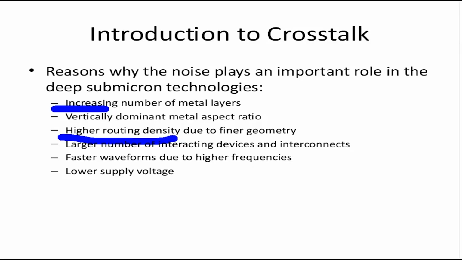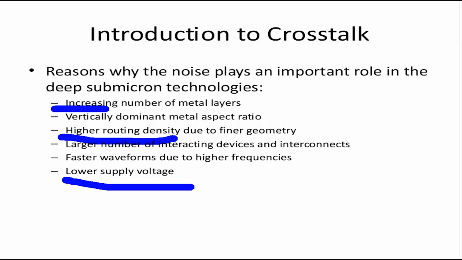One more effect is that there are lower supply voltages. Lower supply voltages mean the noise effect is greater. Let's say 0.1 volt of noise on a supply voltage of 1.2 will not make that big a difference, as it will to a supply voltage of 0.9. So lower supply voltages mean that devices are now more prone to noise.